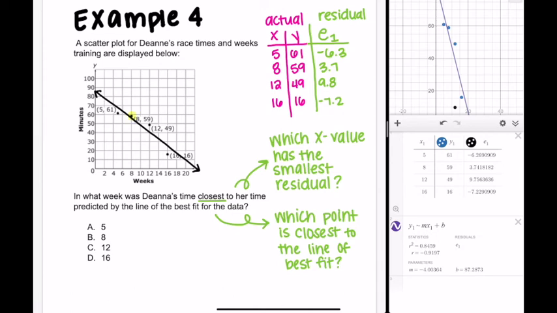That's in week 8. So our answer, we already said, was going to be 8 because that's the point that's closest to the line. And the residual also tells us that because the residual that has the smallest value is 3.7, which goes right with the point 859.